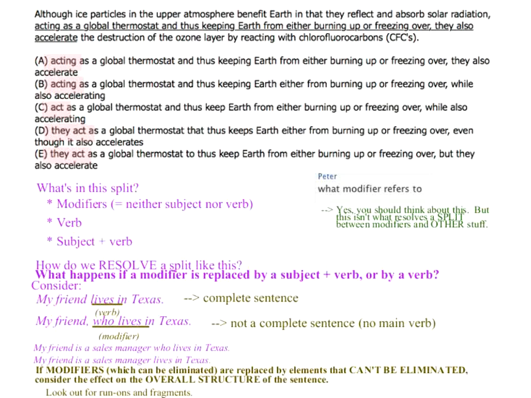This time the verb makes it incorrect because now you have two verbs. So this one works. This one doesn't work because it tries to have two verbs.